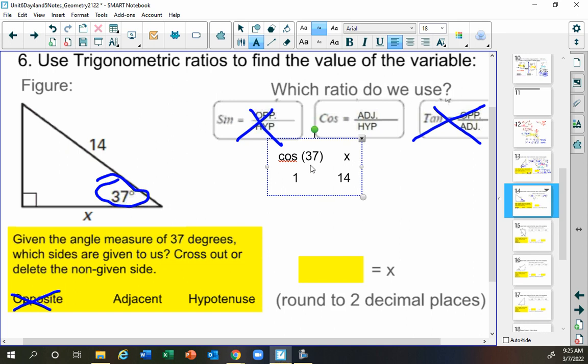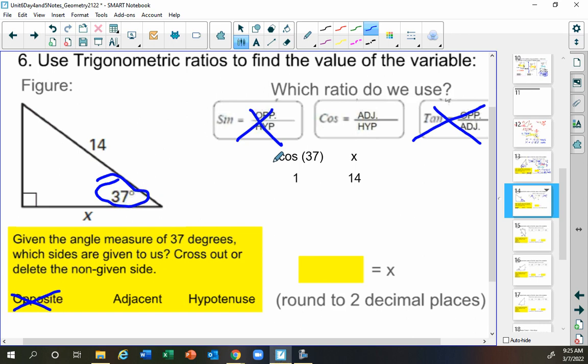Very good, Noe. So x over 14 is the cosine of 37, which is cosine of 37 over 1.